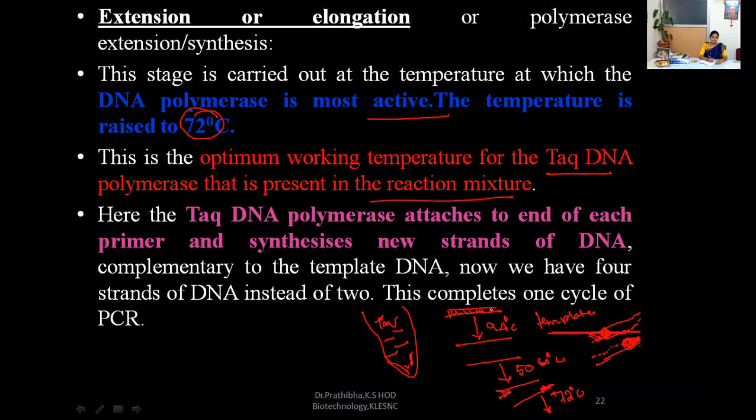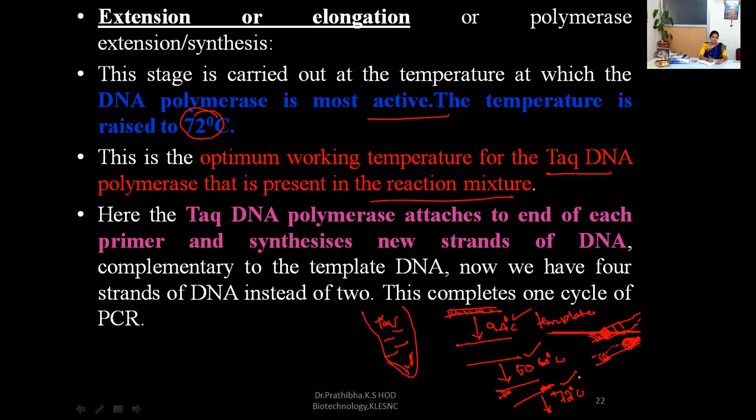You can see here a series of temperatures. That's why it is called thermal. First the PCR machine is increased to 94 degrees Celsius, then 50 degrees Celsius, then 72 degrees Celsius. This is one particular cycle. At 72 degrees Celsius, you can see the synthesis of the double-stranded DNA molecule.